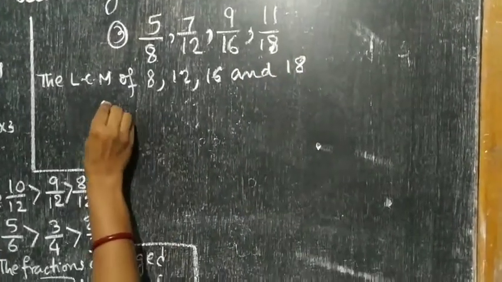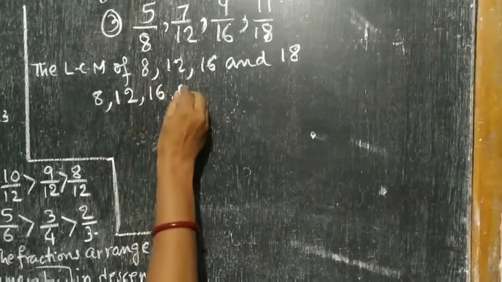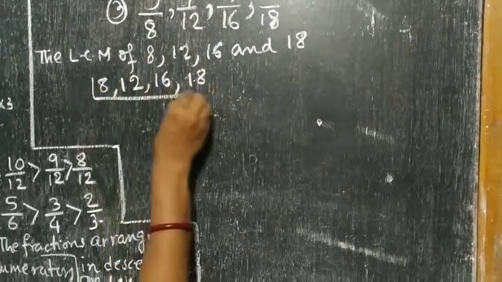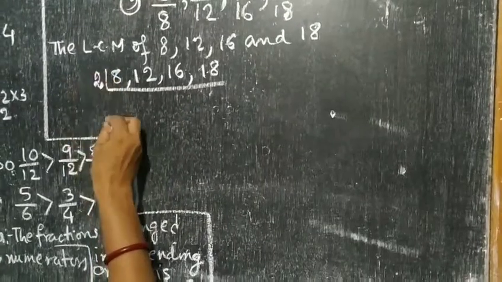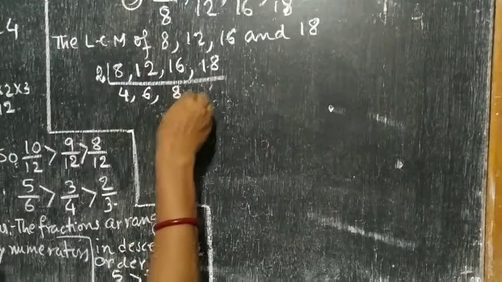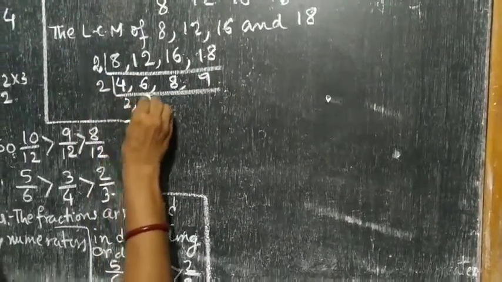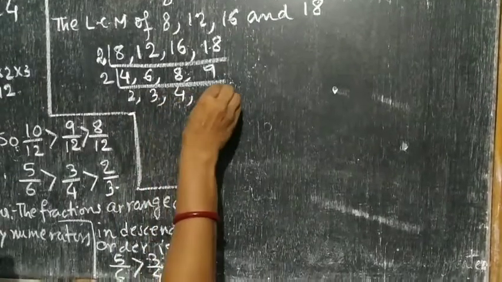Here also I shall use the repeated division method. First divide them by 2. So 4, 6, 8, 9. Again divide them by 2, 2, 3, 4, 9.